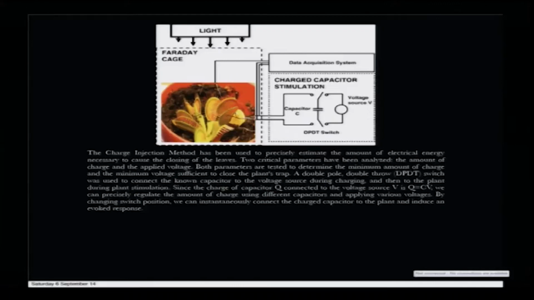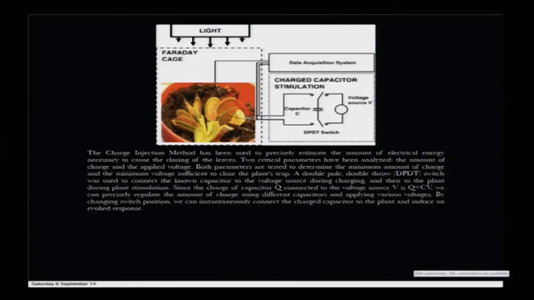The two critical parameters analyzed were the amount of charge and the applied voltage. Both parameters are tested to determine the minimum amount of charge and minimum voltage sufficient to close the plant trap. The double pole double throw (DPDT) switch was used to connect a known capacitor to a voltage source during charging, and then to the plant during plant stimulation.